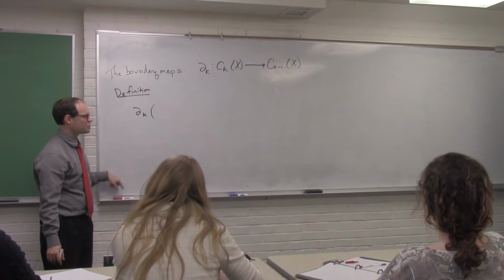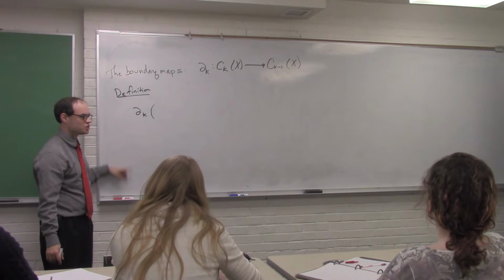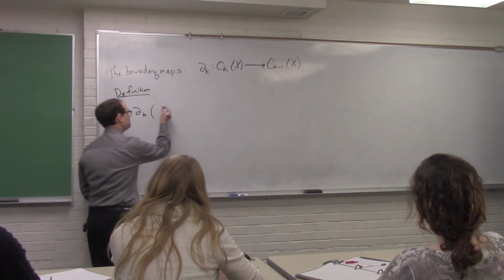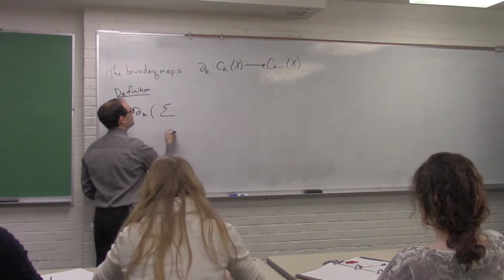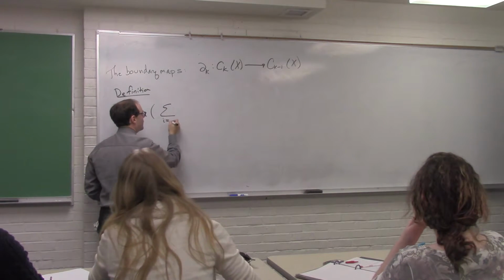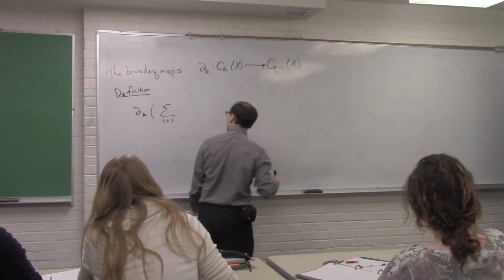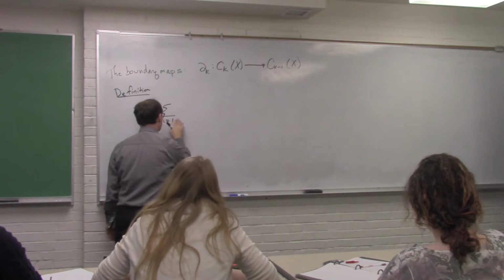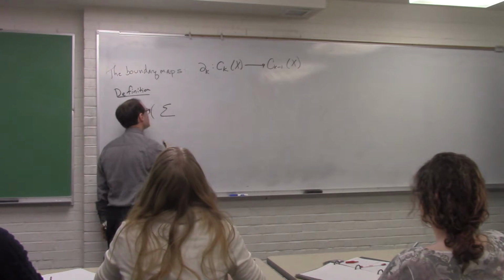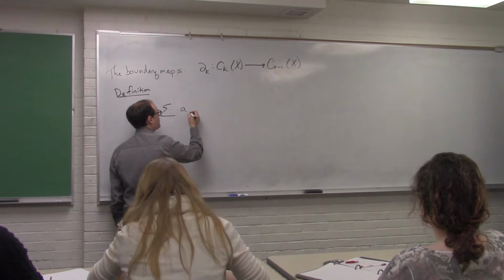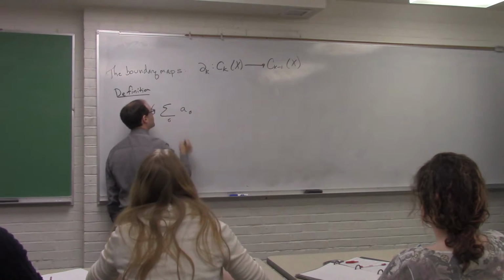And then I've got some coefficients on it. I don't know what the coefficients do, but they're in there, so let's write it. Actually, let me just do it this way. It's a sum. But it's a finite sum. That's important.